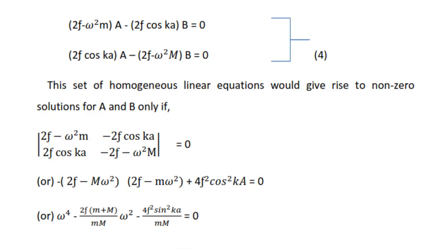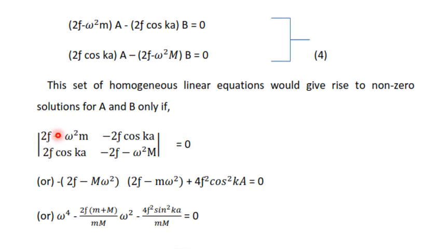Therefore, you make the coefficients into a determinant. So, 2f minus omega square m, minus 2f cos ka, plus 2f cos ka, this minus 2f minus omega square capital M, is equal to 0.